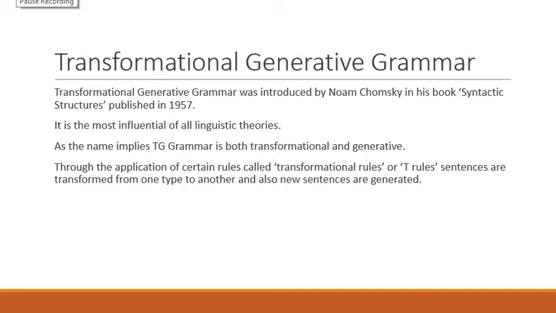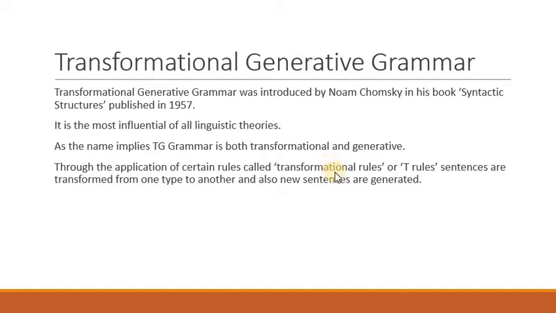The ability to reproduce or to recreate or create, that is the meaning of generative, right? So as the name implies, transformational generative grammar is both about transformation, the changes that happen in a sentence, and also generation of a new sentence type.